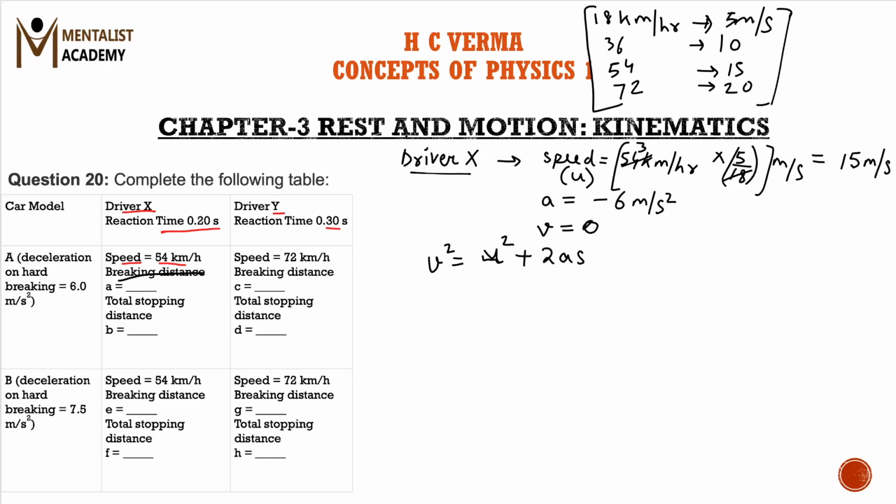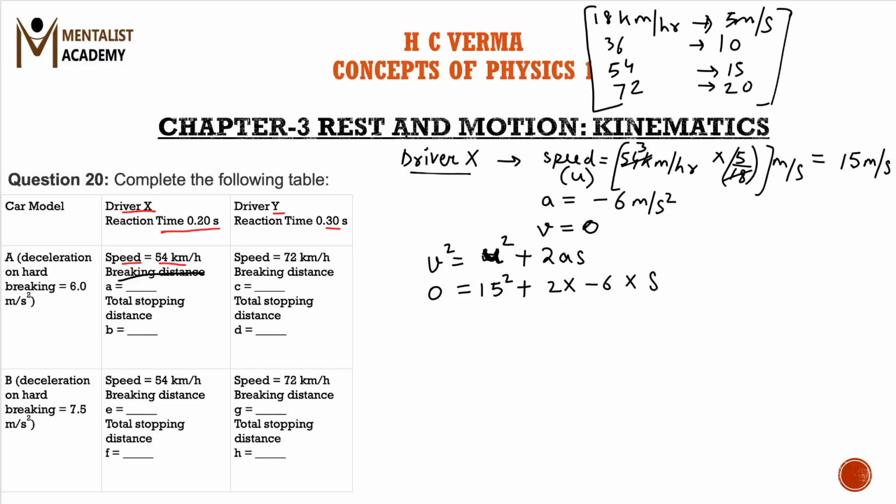Why can we apply this equation? Because we have a constant deceleration given in the question, -6 meter per second square. So let us apply the equation. V is 0, u is 15 square plus twice of -6 into s.